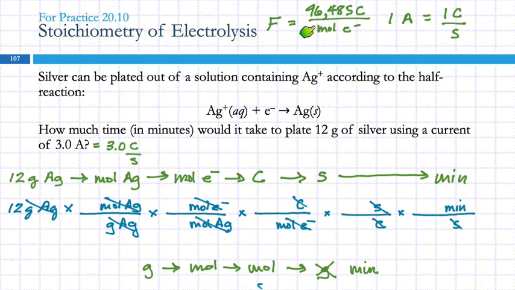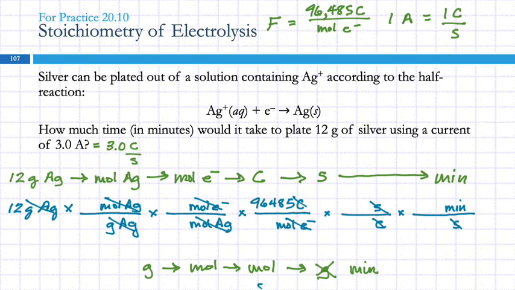Let's start with this guy up here. This is coulombs and moles of electrons. The number is with coulombs. So down here, I have coulombs and moles of electrons. So I'm going to put the number with seconds and coulombs. Where's that relationship? It's right here. 3 coulombs for 1 second.